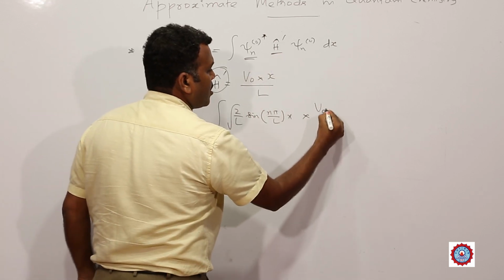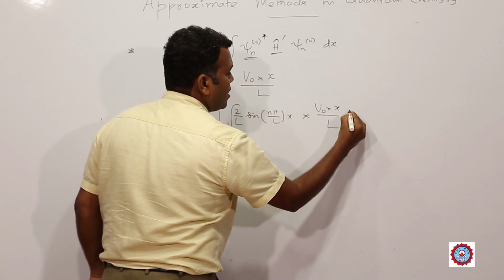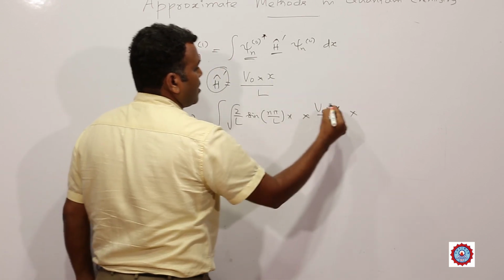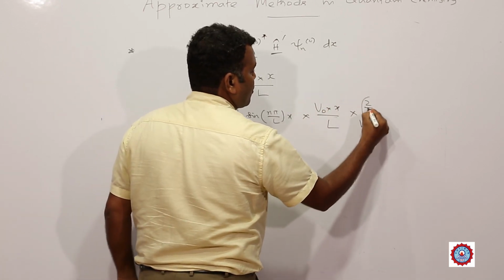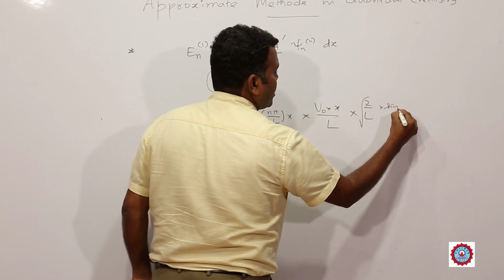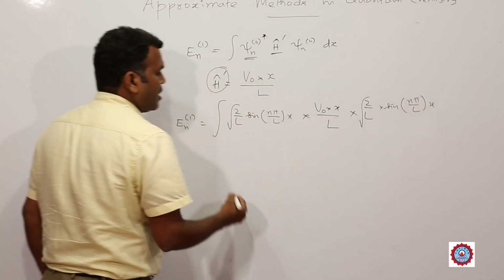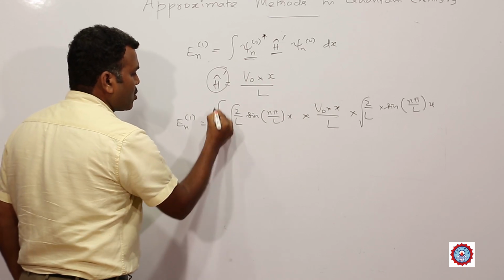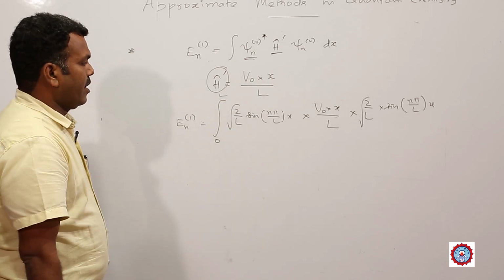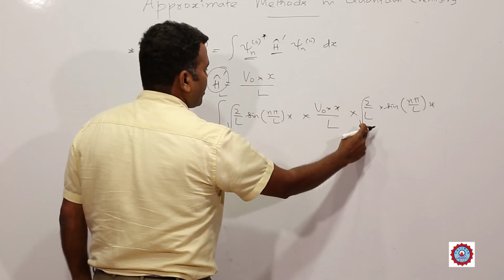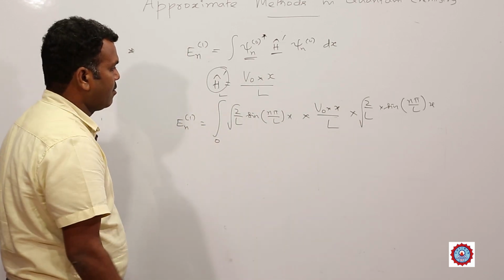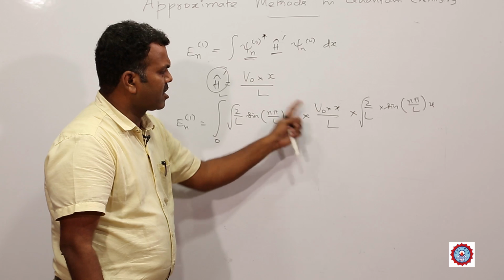Perturbation operator is V naught into x by L into the wave function, square root of 2 by L into sin n pi by L into x. And here the limit for x is 0 to L. So, root of 2 by L multiplied gives 2 by L, and V naught by L, everything is constant.